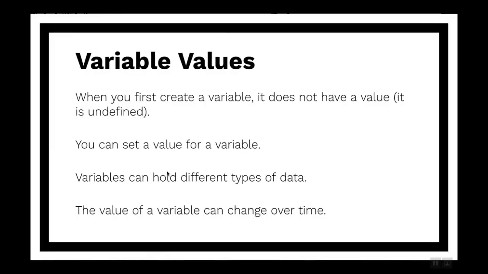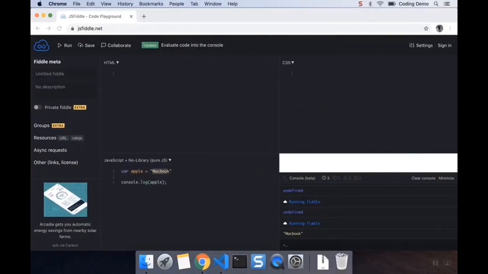Okay. The next thing is the value of a variable can change over time. So we already experienced this right now. So the Apple was undefined first, now it became MacBook. And let's say if I log this out here, and now here I change the value of Apple to, let's say, banana.